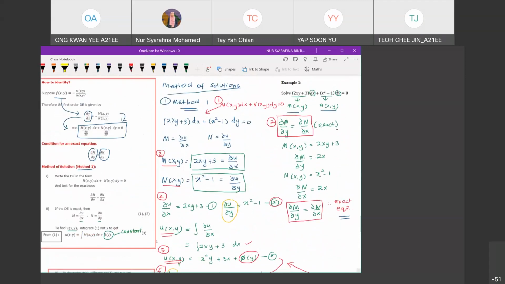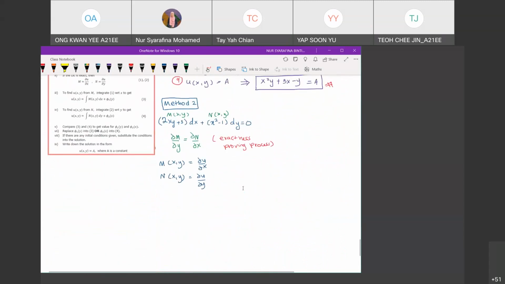You prove the exactness, identify your m and n. So now del u del x is 2xy plus 3, and del u del y is x squared minus 1.